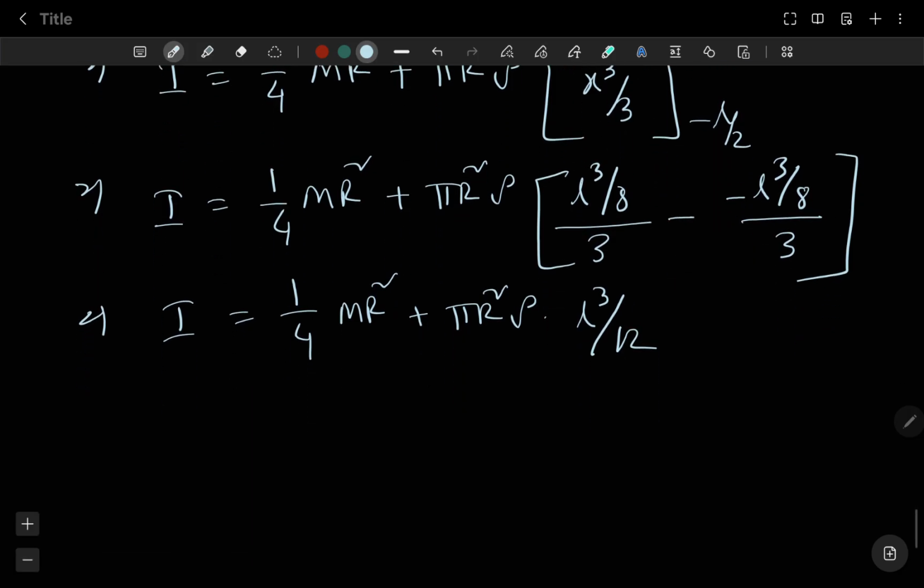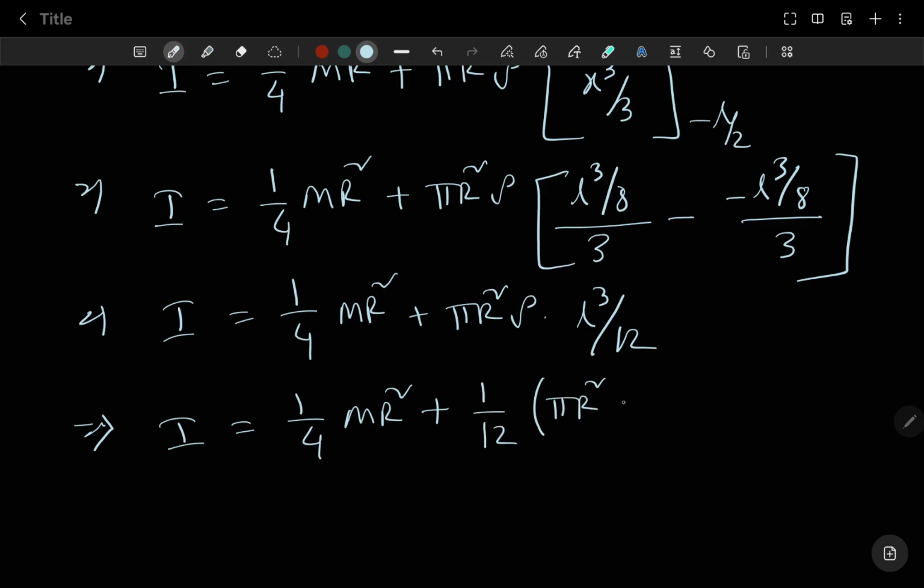Okay, so if I write it like this, m r square plus, let us write it like this, 1 by 12 pi r square L rho L square. So the volume into density is the total mass.